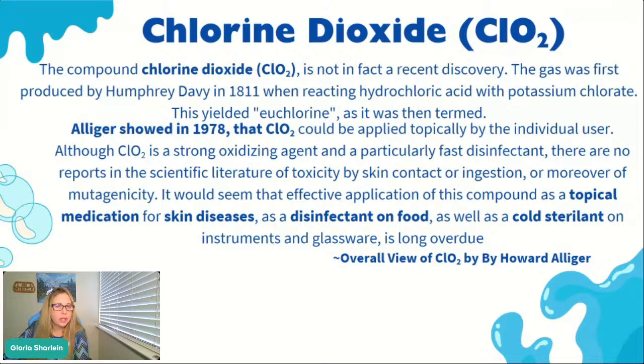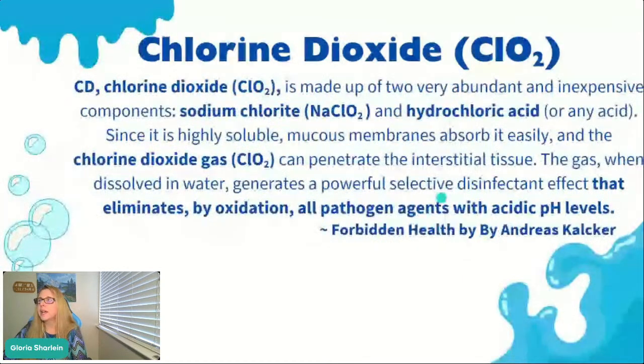And so then we could go further into chlorine dioxide, CD. It's made up of two very abundant and inexpensive components: sodium chlorite, NaClO2, and hydrochloric acid, or any acid. Since it's highly soluble, mucous membranes absorb it easily, and the chlorine dioxide gas can penetrate the interstitial tissue.